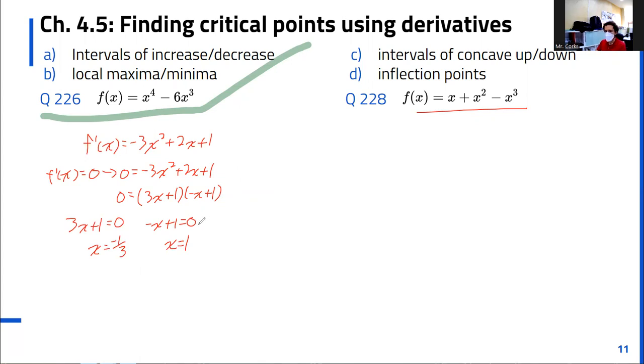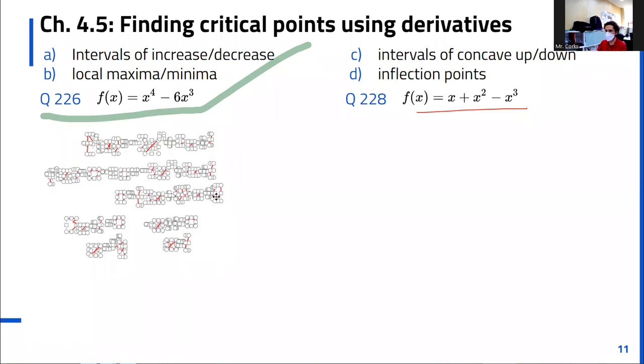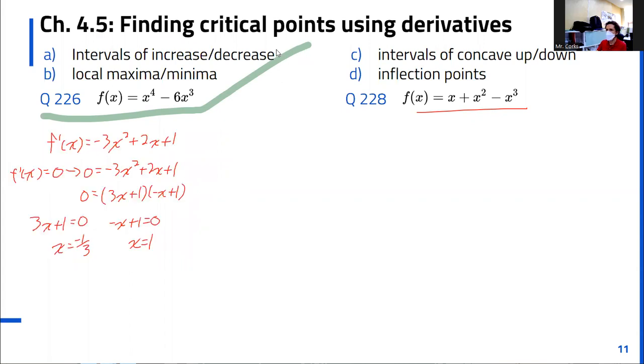All right. So we have 2 points. We need to figure out what types they are, and we'll do that with our second derivative, which is negative 6x plus 2. All right, and we'll substitute in these points. So second derivative at negative 1 over 3.